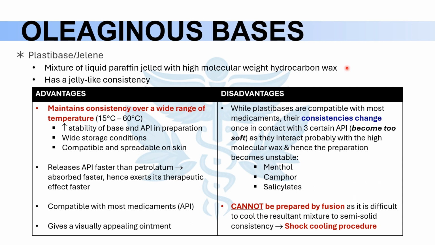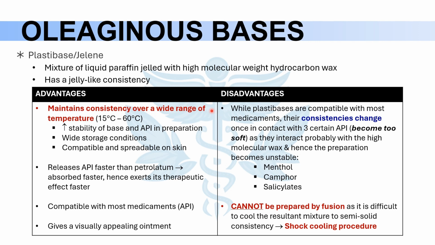So Plastibase equals liquid paraffin plus high molecular weight hydrocarbon wax. And remember this piece of information because we're going to need it in a few seconds. And plastibases have a jelly-like consistency.